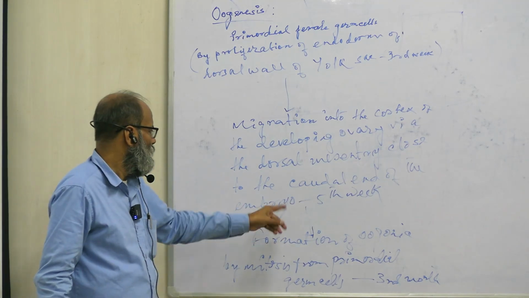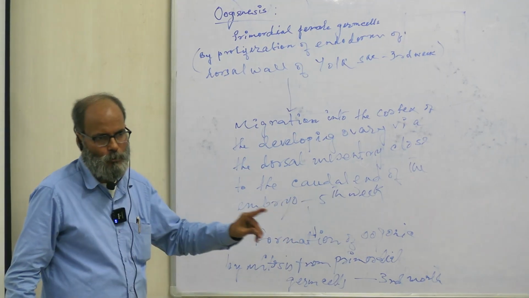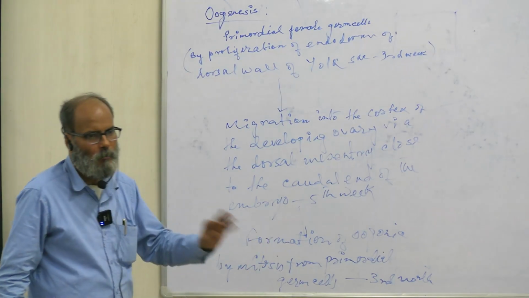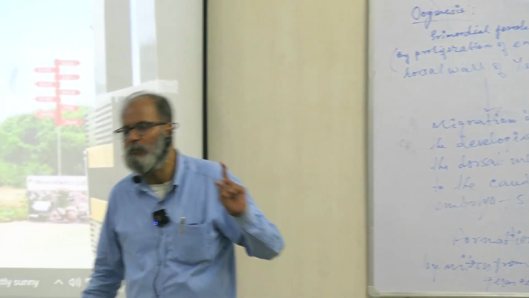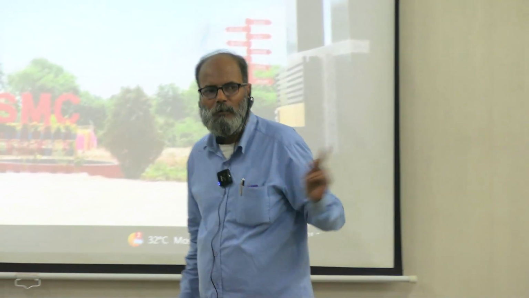All right. Then as soon as it enters the cortex of the ovary, it starts multiplication by mitosis and gives rise to the oogonia by third month. All right, by third month.